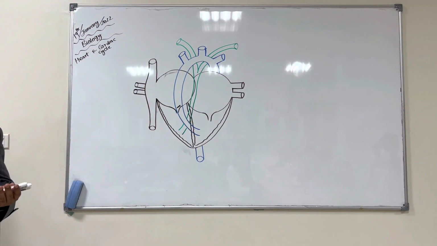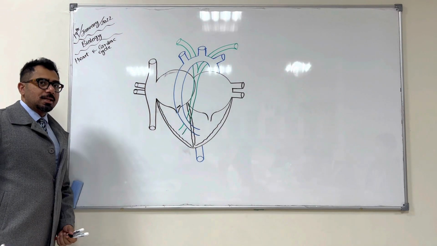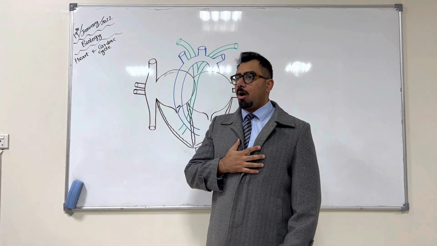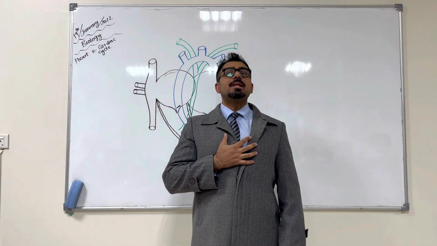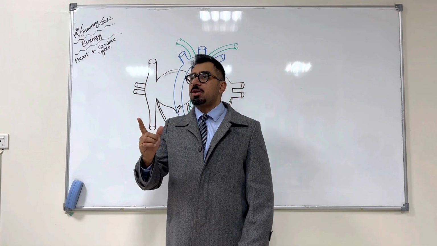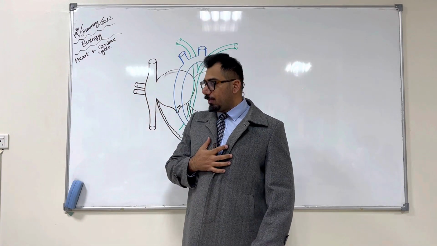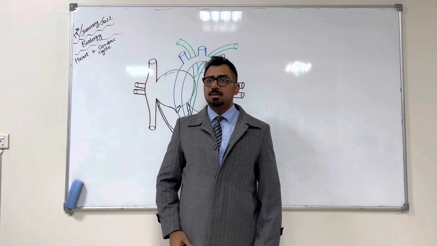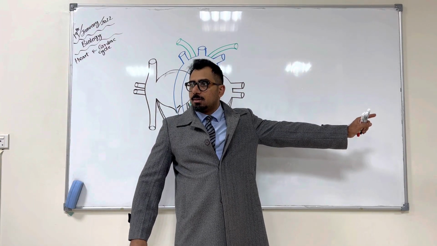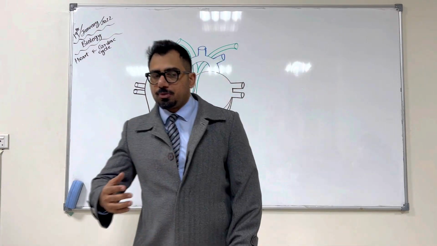Now let's discuss step by step. First of all, guys, remember one thing: whenever we label any of our body's organs, we always label it according to our original position and the position of the organ. Right now, when I'm standing over here, this is the heart, this is the right side, and this is the left side.